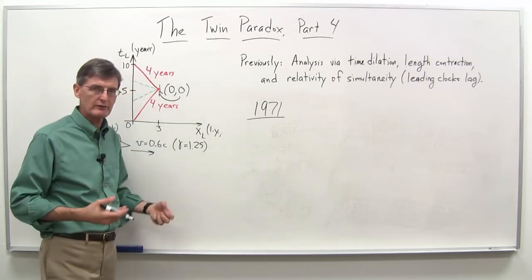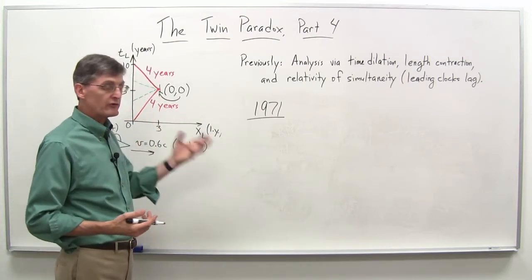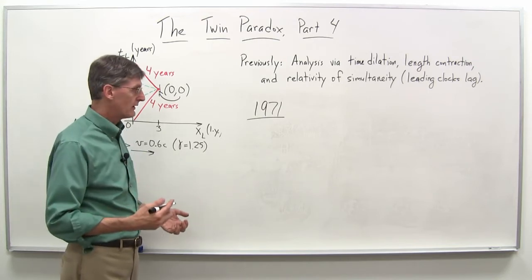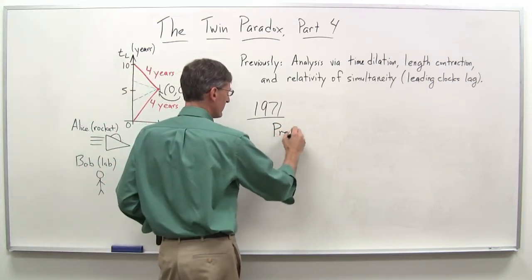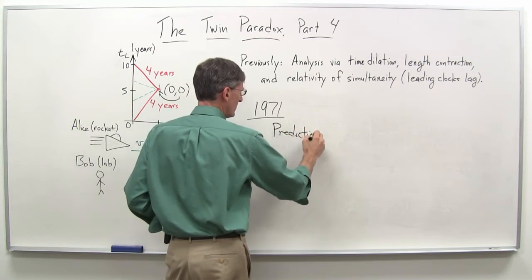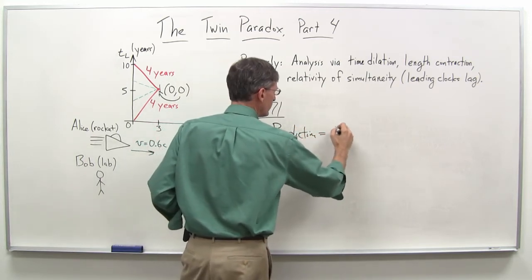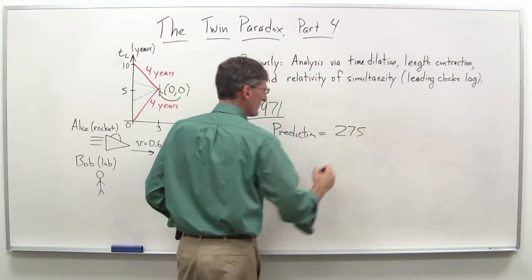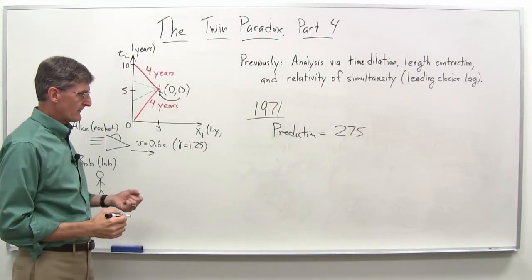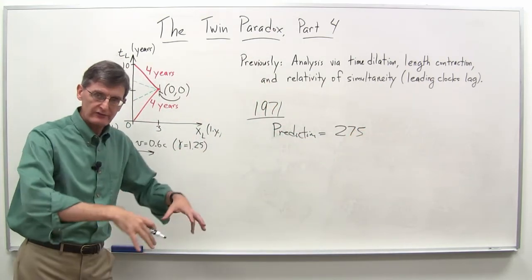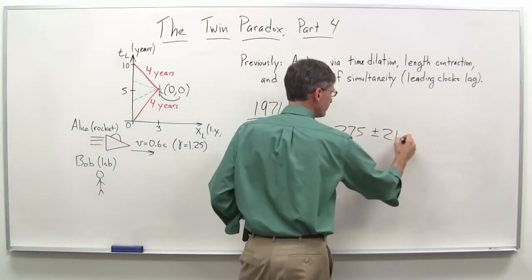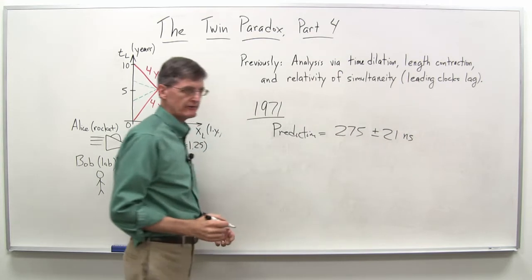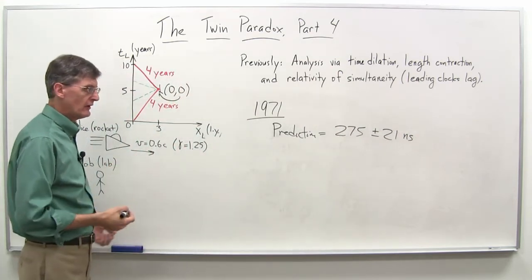Won't give you all the numbers here, but to give you an idea, for the westbound clocks that went on the planes, they had a prediction of the difference between the clocks and the stationary clock, stationary in the sense they were still on the ground, of 275 plus or minus 21 nanoseconds. That was the prediction.